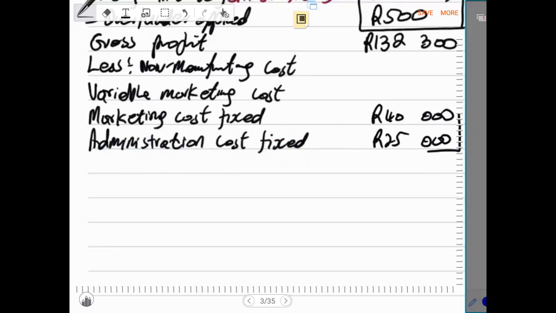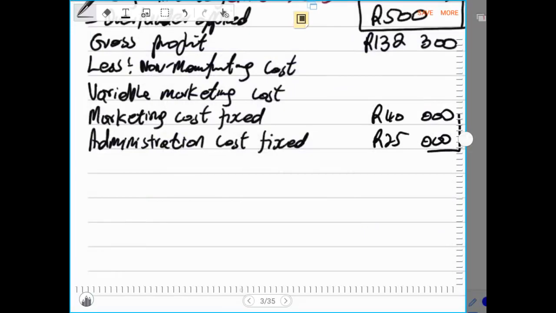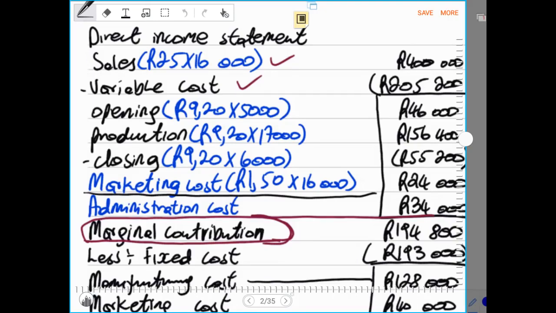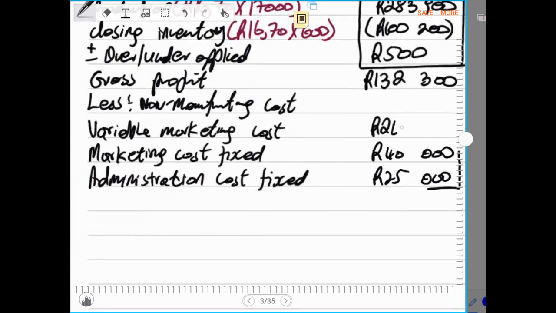That 24,000 rands, remember, is non-manufacturing.